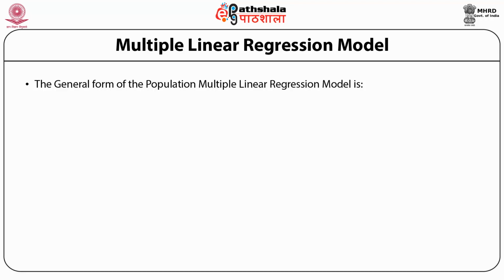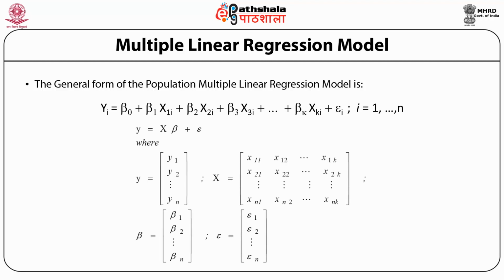So in this slide you can see that y is equal to beta naught plus beta 1 x1 plus beta 2 x2 plus beta 3 x3. Here beta naught, beta 1, beta 2, beta 3 are the constant parameters of this equation, and x1, x2, x3 are the independent variables.